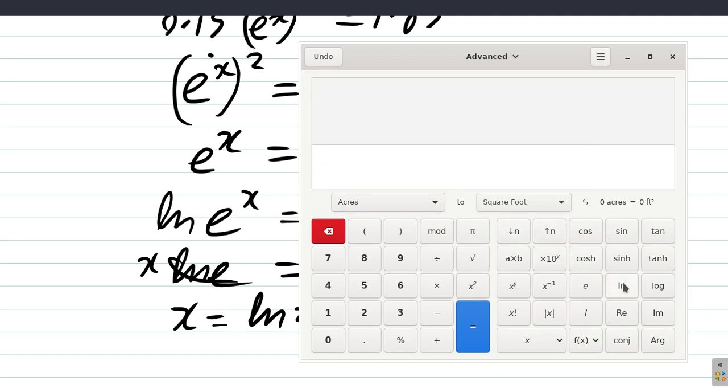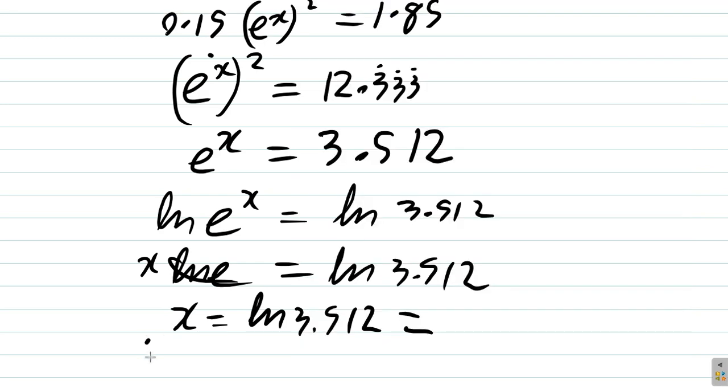So ln 3.512 equals 1.256 to 3 decimal places. Alright? So we have x equals 1.256.